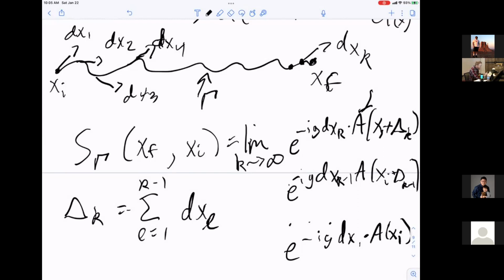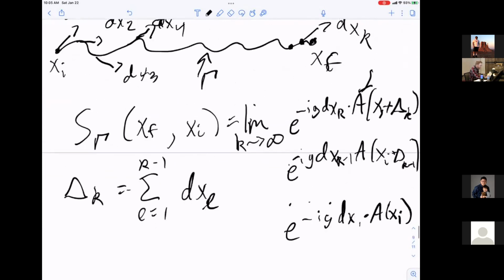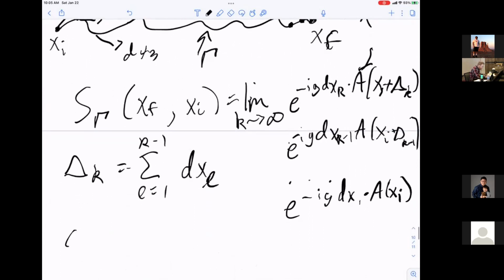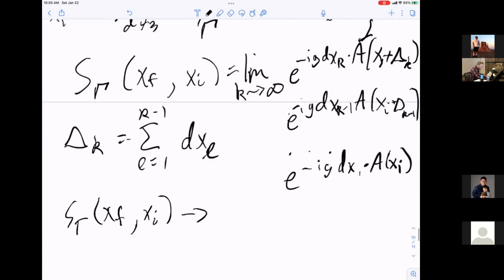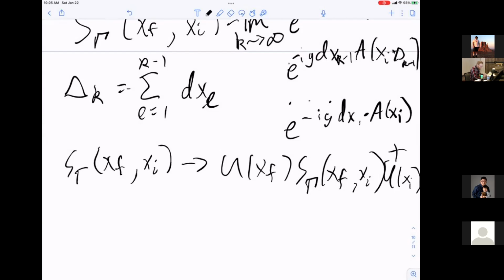Now, when we actually write down S gamma of xf, xi, you can prove to yourself, based on this property that I wrote down here, that when I do a gauge transformation, this S will transform as U of xf, S gamma of xf, xi, U dagger of xi.